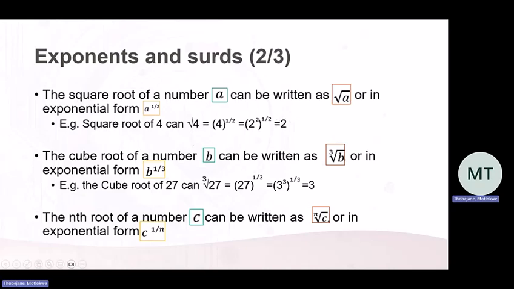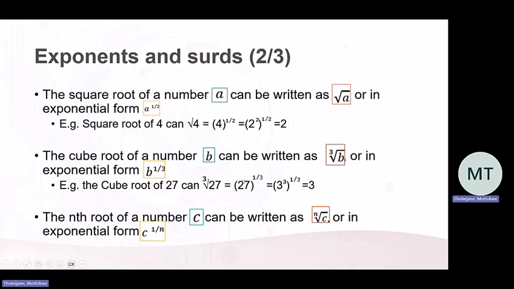Now, let's go further on this. The cube root of a number B can be written as the cube root of B, or in this exponential form, B to the power of 1/3. Now for an example here, the cube root of 27 can be written as the cube root, as we said, of 27.